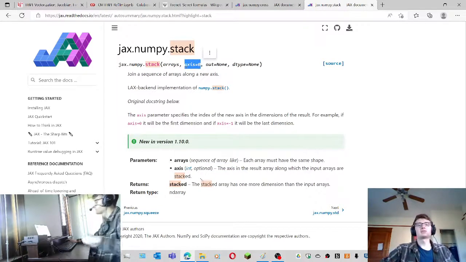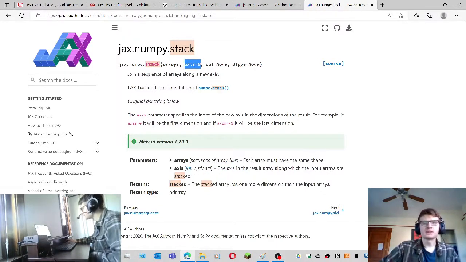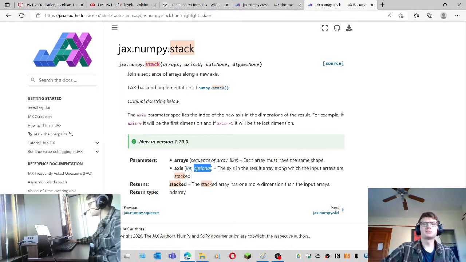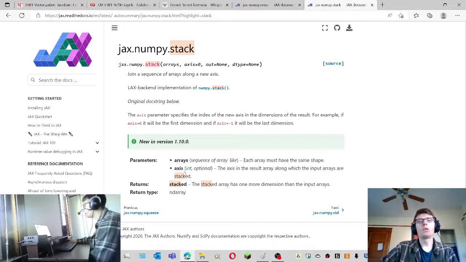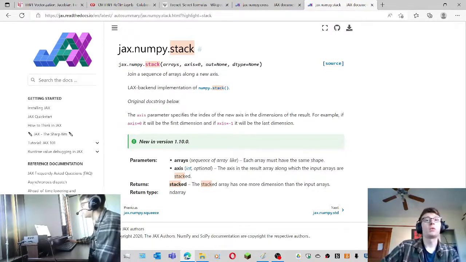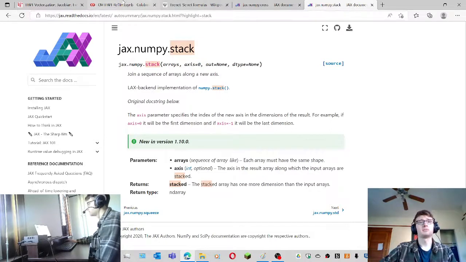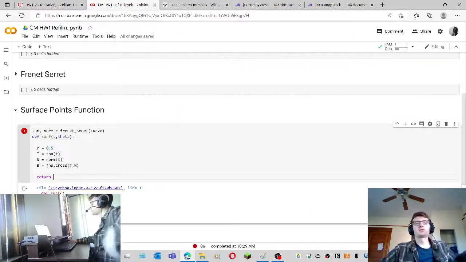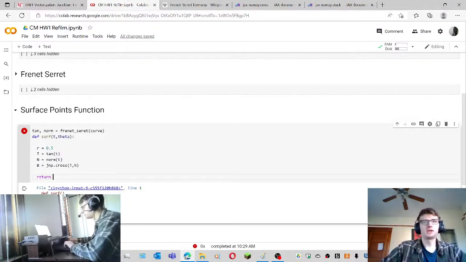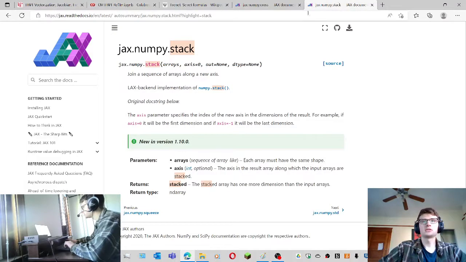Axis wants an integer, which for this case would be 0 or 1, and it's basically telling me along what axis I should stack these values. So I actually want to stack these in the y-axis, so I'm going to set axis equal to 1. That's just what y-axis means here. And so I will return, maybe, what is this documentation?